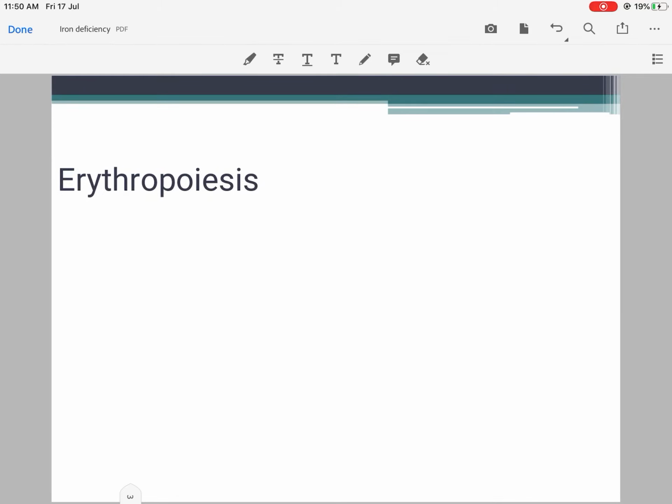So before learning how to approach the patient, we will just learn what happens in erythropoiesis, how RBCs are produced, so that we can understand all the pathophysiology as well as how to investigate for any patient with anemia. So what is erythropoiesis? Erythropoiesis is a process by which RBCs are produced.